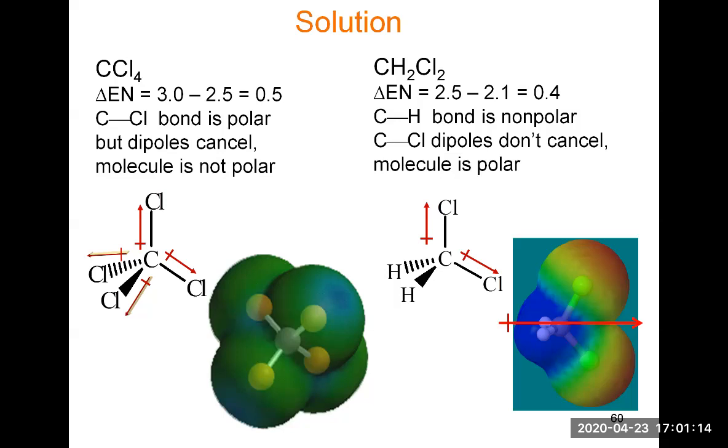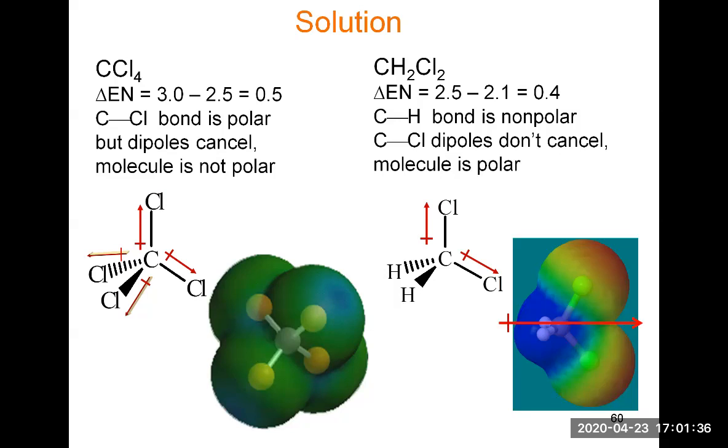And so this shows the distribution of the electron cloud. Where it's blue, it's lacking electrons, so it's delta positive or partially positively charged. And where it's red, it's partially negatively charged. It's where you would have the delta minus.